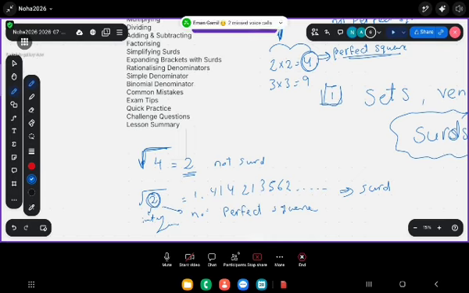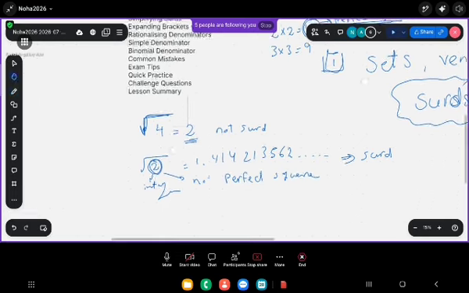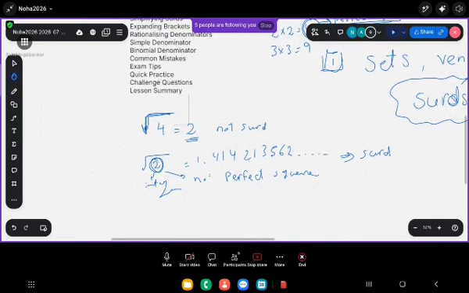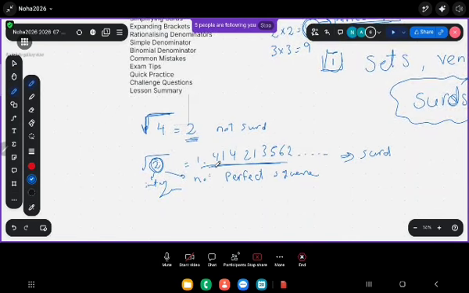Okay? So, if you have a square root with a perfect square, yeah, it's not a surd. Very good. So if you have a decimal like that and it never ends and never repeats, instead of writing the decimal approximation, you would write root 2.